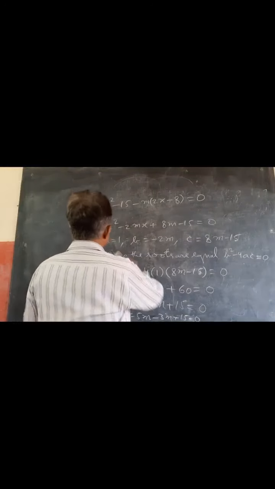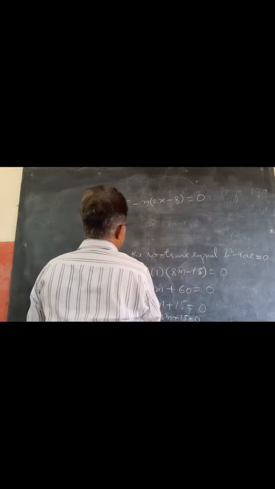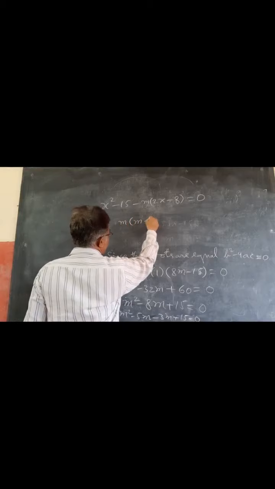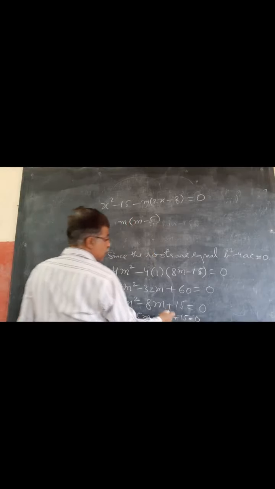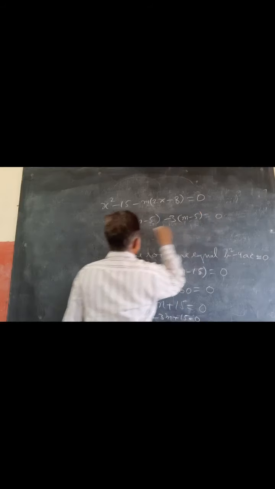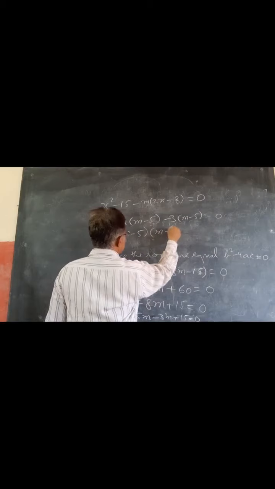So now the equation becomes m into m minus 5. I am taking m common from these two and minus 3 common from these two: m minus 5 equal to 0. So m minus 5 into m minus 3 equal to 0.